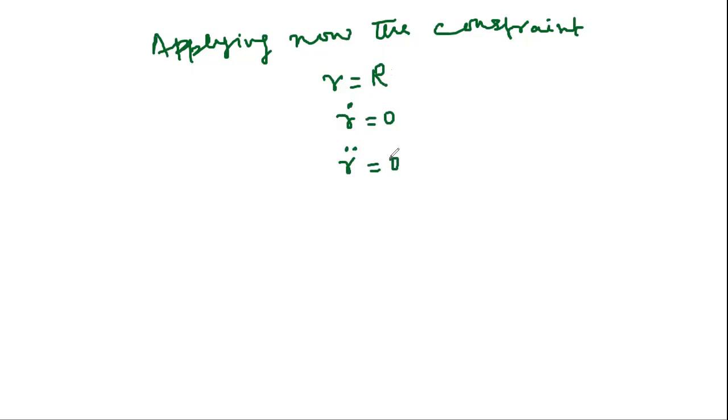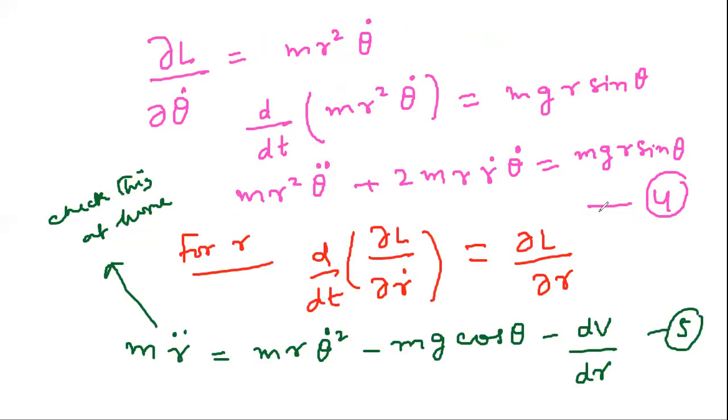When we use these conditions in equation 4, that is this equation, when you use r dot and r double dot equal to 0, this term will go.